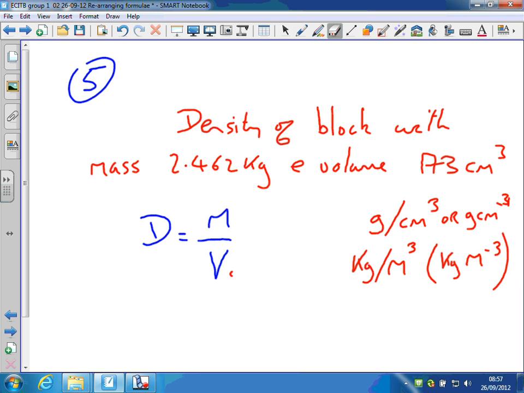Likewise, if I measure the mass in kilograms and the volume in cubic metres, I've got the density in kilograms per cubic metre. We don't mix them up and talk about kilograms per cubic centimetre or grams per cubic metre. We don't mix these units up.